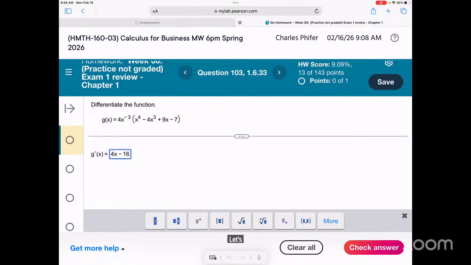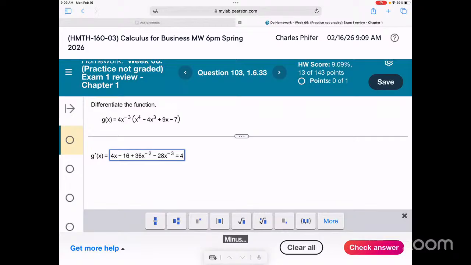Let's see. We got a negative 3 plus 1 is a negative 2. Minus 28 x to the negative 3. Okay, then let's take the derivative of this guy. That's going to be a 4. The 16 is gone.